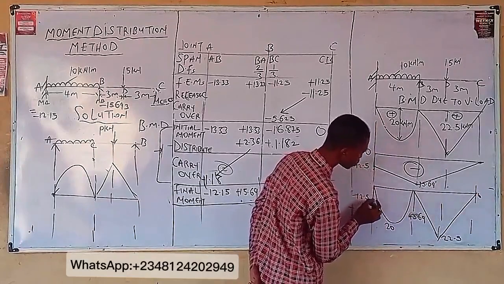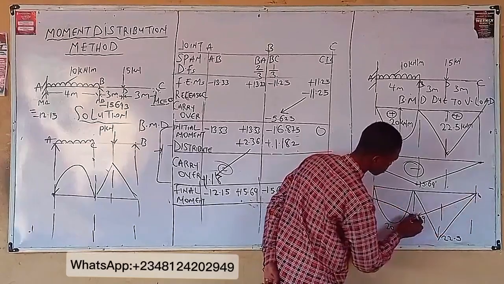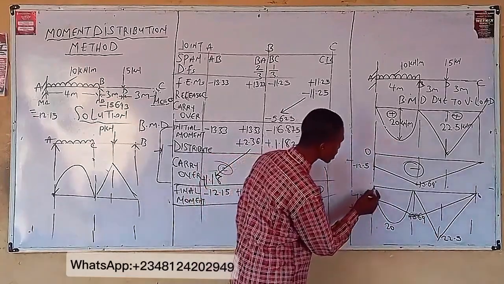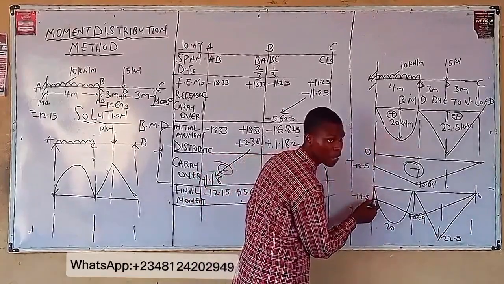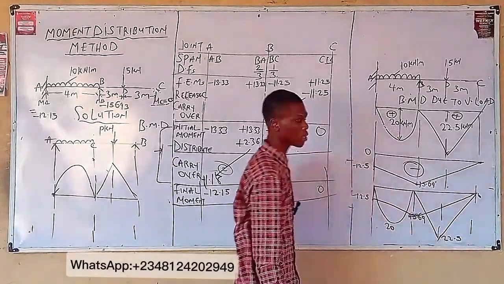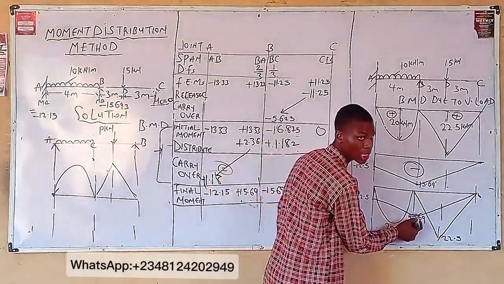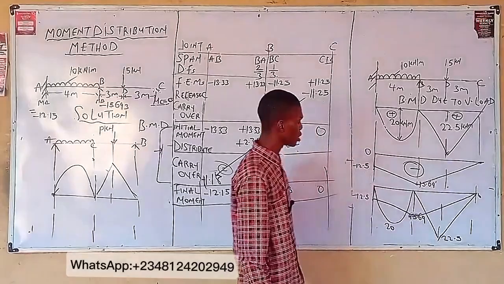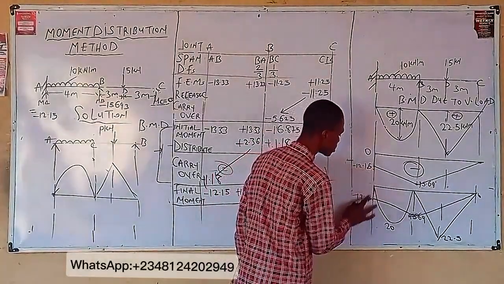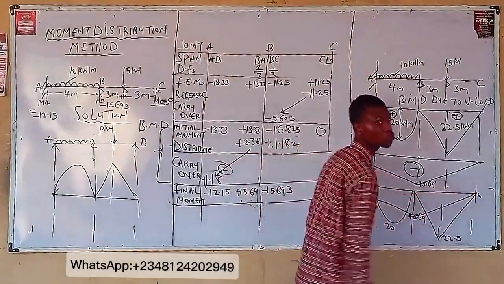This is what you have. 12.15 towards 15.69, then lastly towards 0.